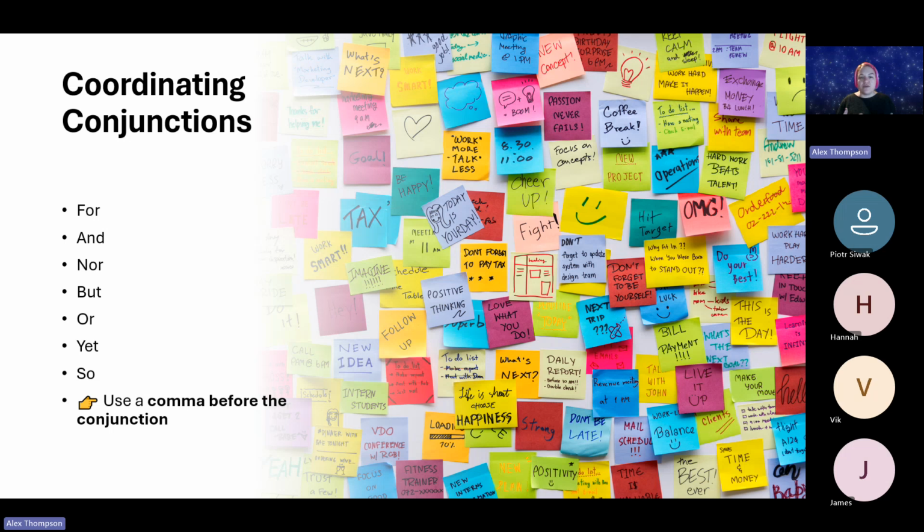Depending on what we're trying to express depends on what conjunction we would use. And a conjunction, think of it, it's a junction, it's a meeting of 2 places. I always think of it as like glue. It glues the 2 simple sentences together. So you can either use one of these words, or you can use a semicolon. Either are acceptable. You may find that certain ones are more applicable in certain situations.